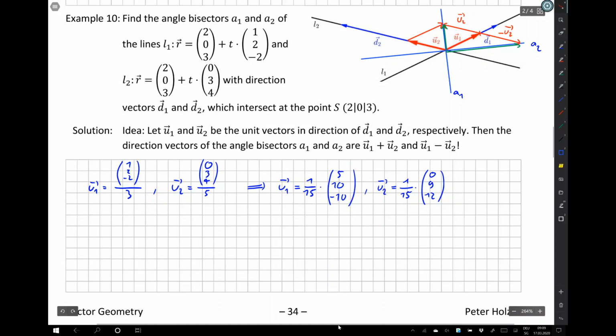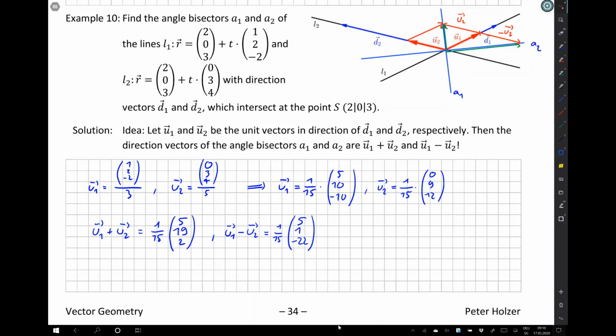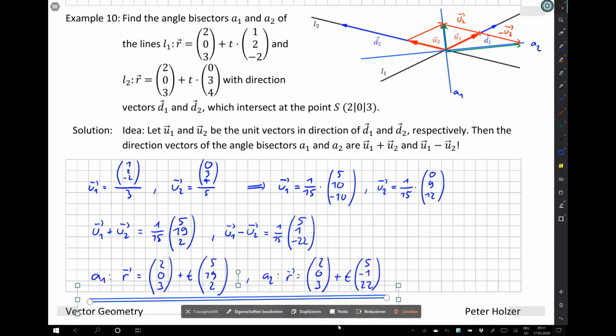That means I've expanded here by 5 and here by 3. And now the addition and subtraction becomes very simple. And I get u1 vector plus u2 vector is 1/15 times this vector, and u1 vector minus u2 vector is 1/15 times 5, 1, minus 22. And so I get finally these angle bisector lines, since the point of intersection S is given and lies on both lines.